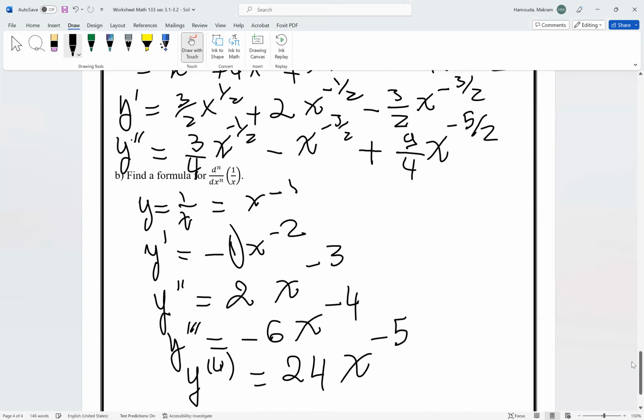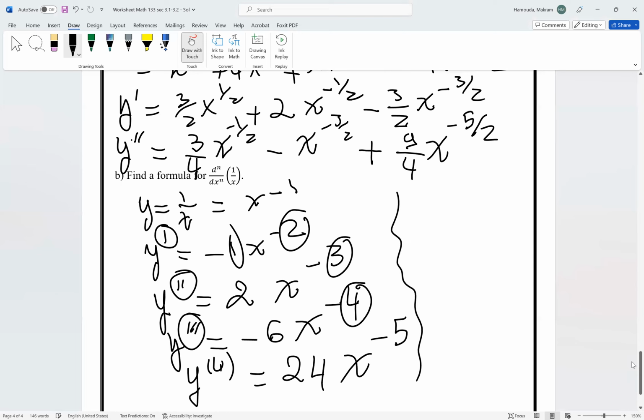And you see here that the order is getting all the time plus 1 with negative sign, plus 1 with negative sign, plus 1 with negative sign, and so on. So I can conclude that my nth derivative is something like that.